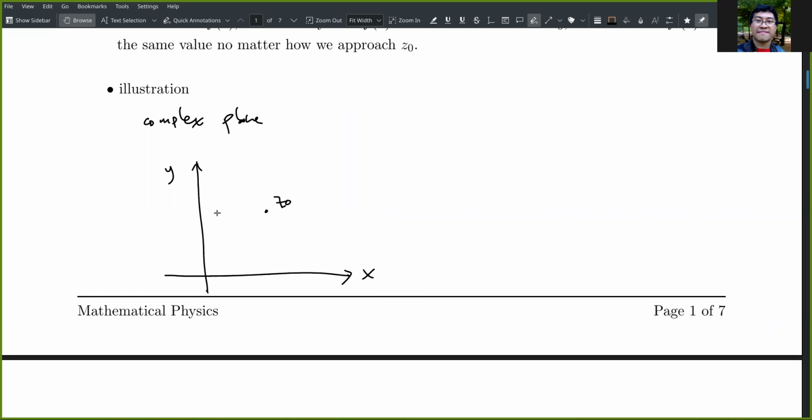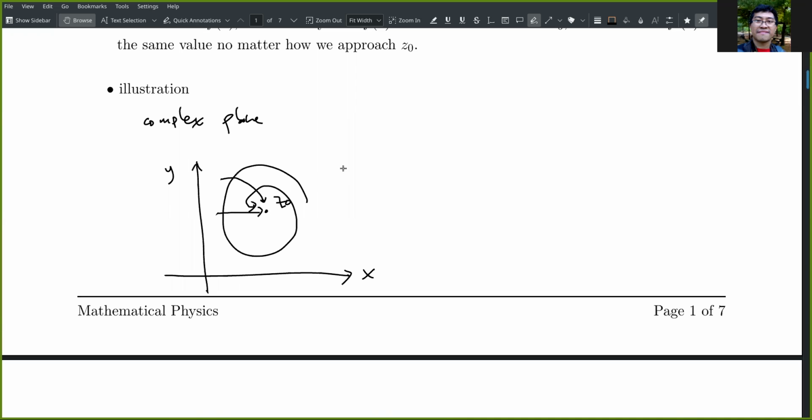For example, we can approach z sub 0 horizontally, so that's one way. Or we start from some point here, curve downward, approaching z sub 0. Or we can also spiral and then reach z sub 0.